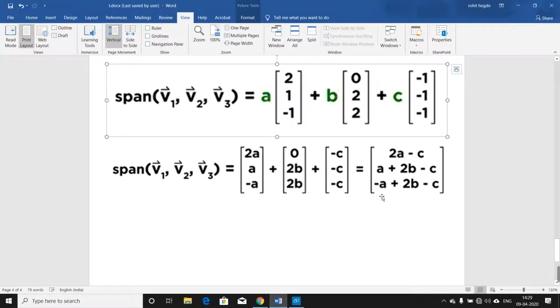This span of the given vectors is always a vector space. That means it is a subset of a vector space.